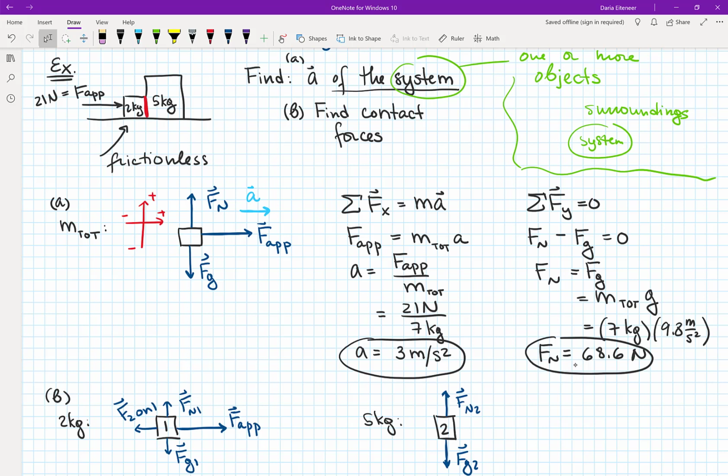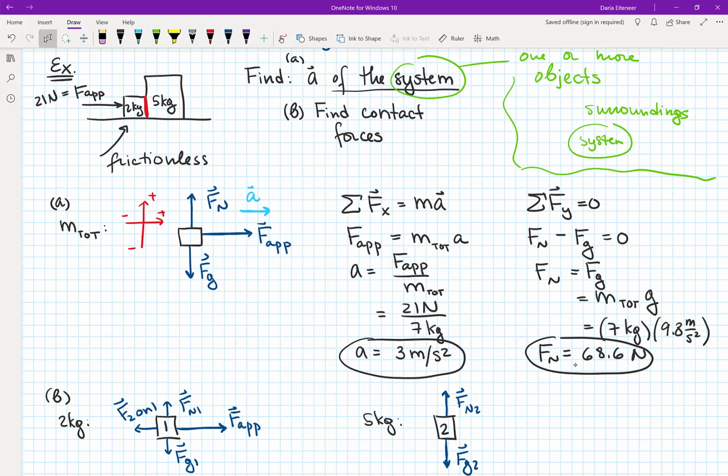On every free body diagram, I'm only showing the forces external to that object. So I'm not going to do things like forces exerted by that object. That's not part of this diagram. Only forces exerted on that object. And now my diagram is complete. I took care of all the contacts and the force of gravity.